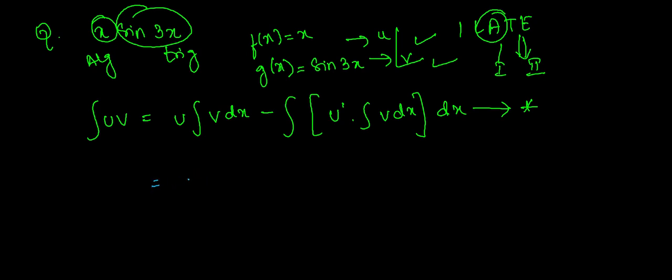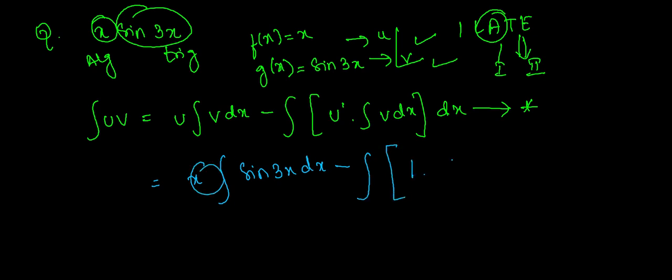Here u is my x, integration of v is integration of sine 3x dx, minus integration of, and what is the differentiation of x here? It is 1, into integration of sine 3x dx, the whole thing dx.